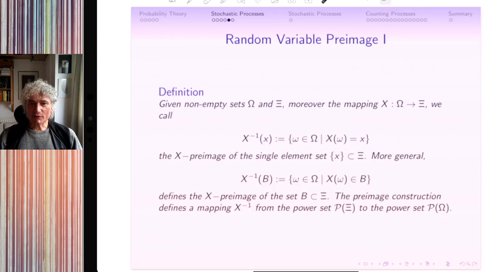This is called the X pre-image of the set B. So it's very interesting to observe that the pre-image construction defines a mapping, an inverse mapping from the power set P of Xi to the power set of the sampling space P of omega.